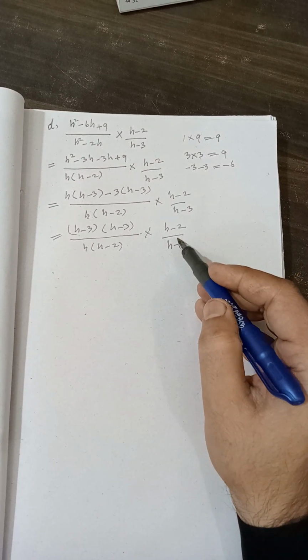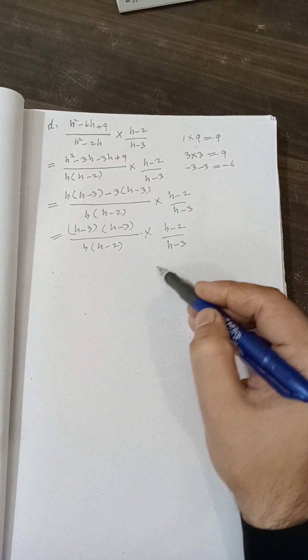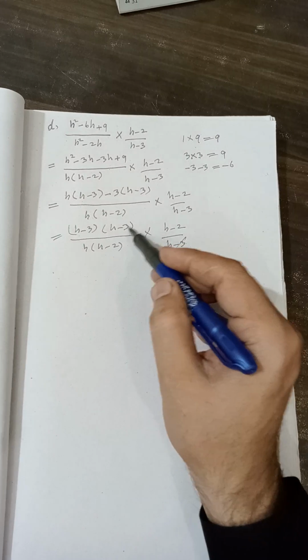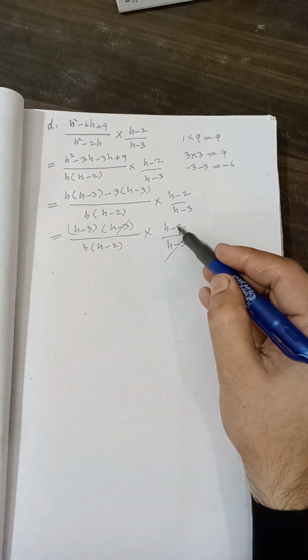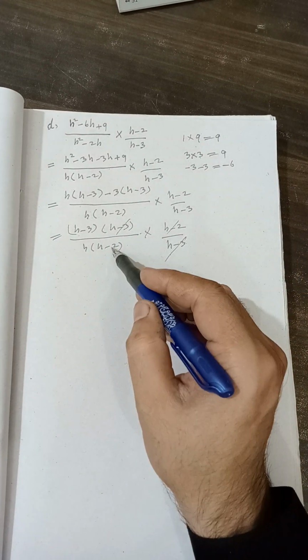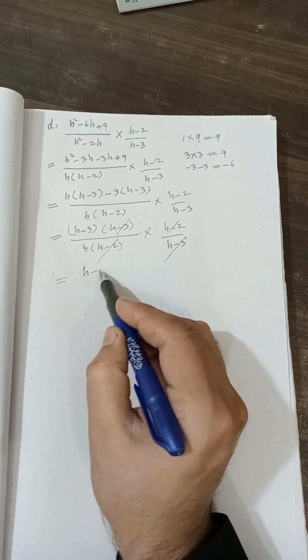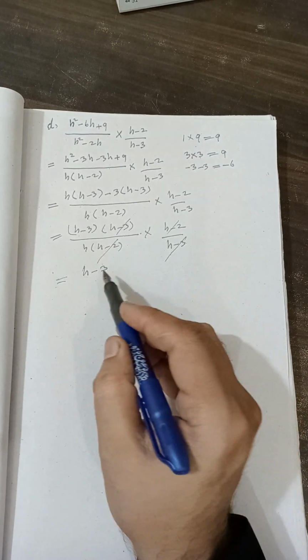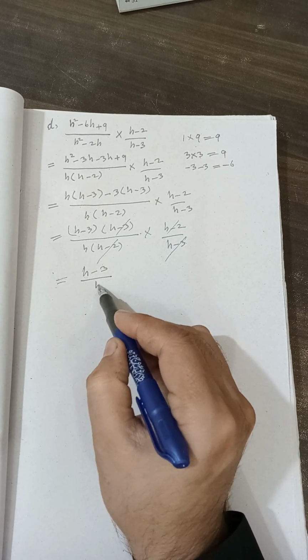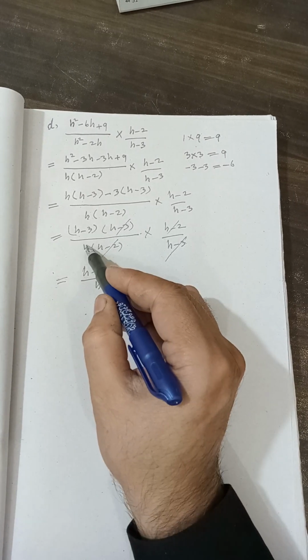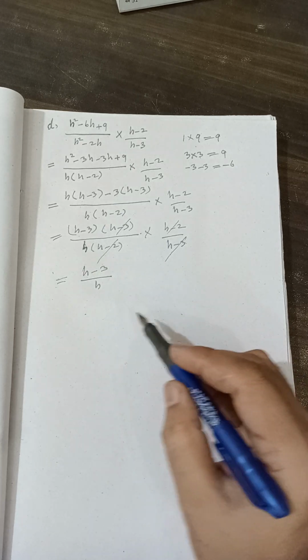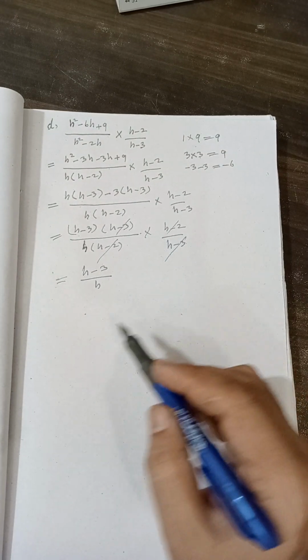Now you can cancel out this h minus 3, this h minus 3, this h minus 2, this one, and the remainder is only h minus 3 in the numerator, and h in the denominator. So this is our factorization of this part.